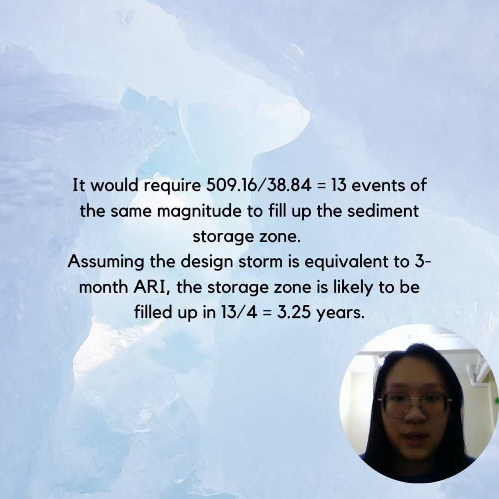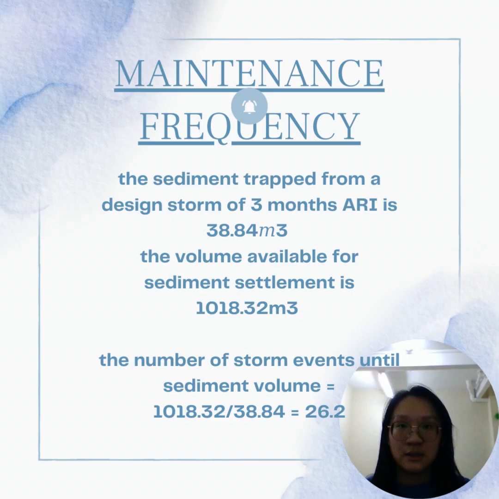So it would require 13 events of the same magnitude to fill up the sediment storage zone. Assuming the design storm is equivalent to a 3 months ARI, the storage zone is likely to be filled up in 3.25 years.